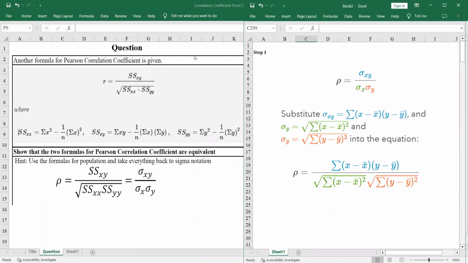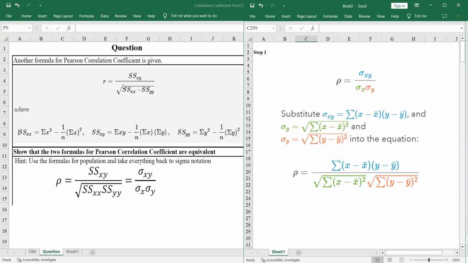So first, let's look at the question. The question is that we have to convert the Pearson correlation coefficient from the original, most known method, which is in terms of standard deviations and covariances, into the sum of squares method.